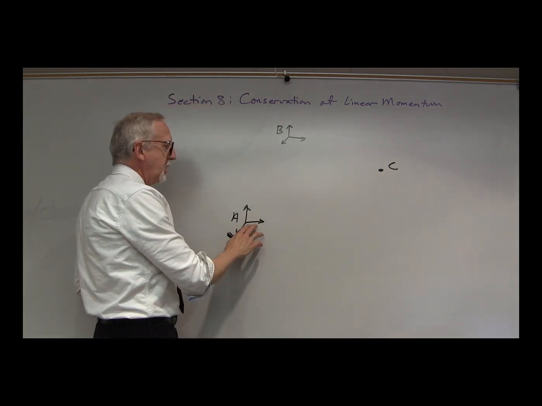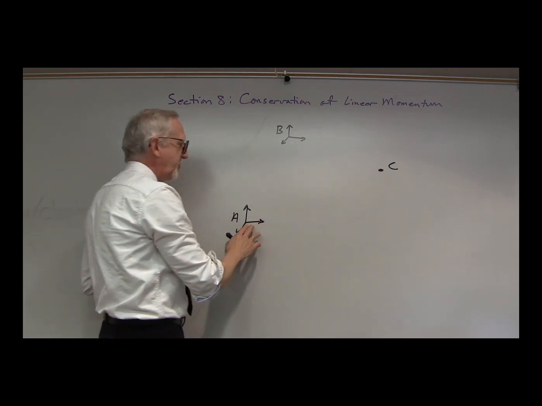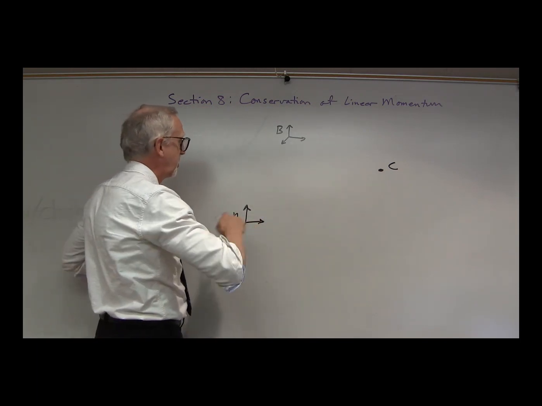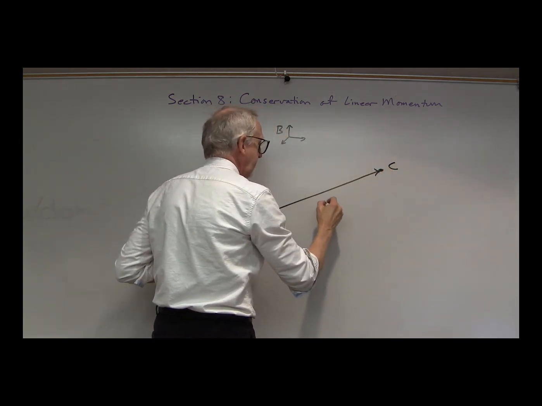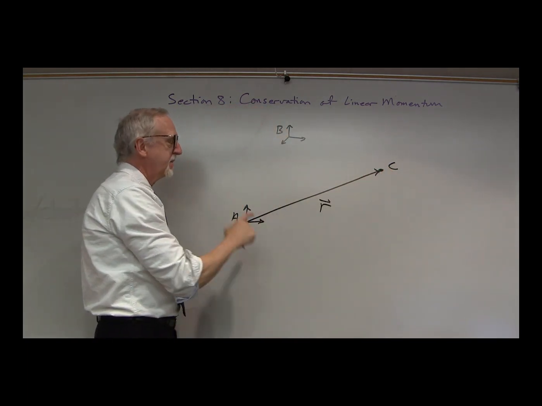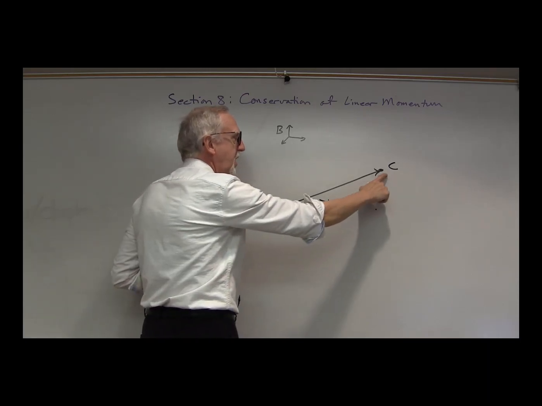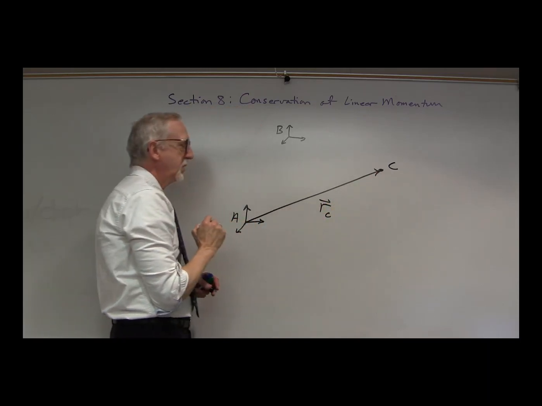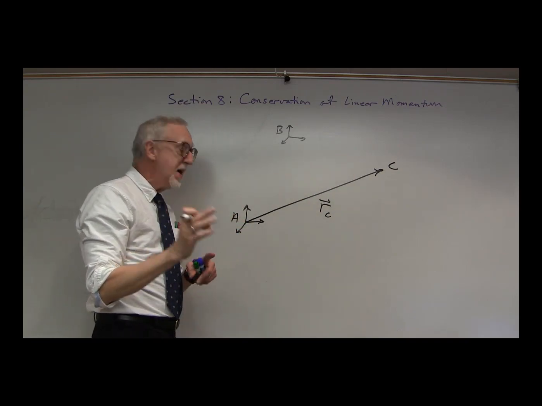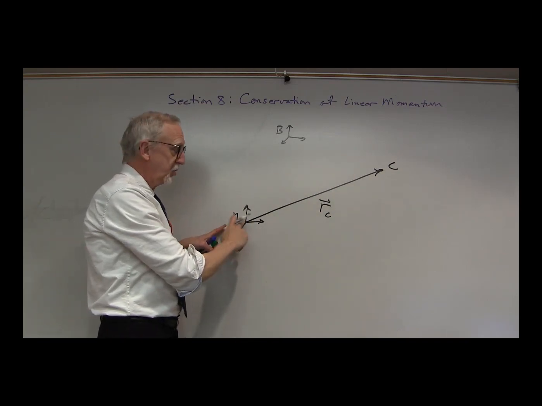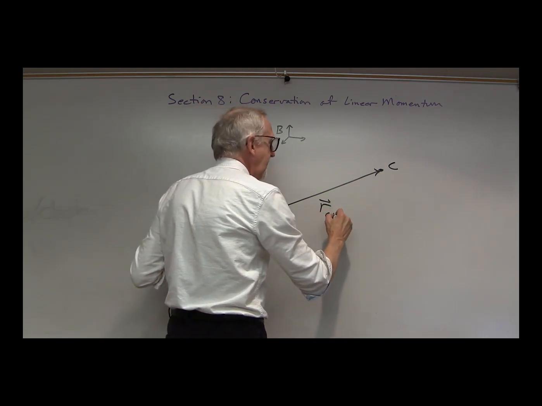Let's imagine that we measure the position of this object from this frame of reference. So this is our position vector R. Now I'm going to write this as R sub C, the position of object C, but it's measured by object A. So I'm going to call this RCA.